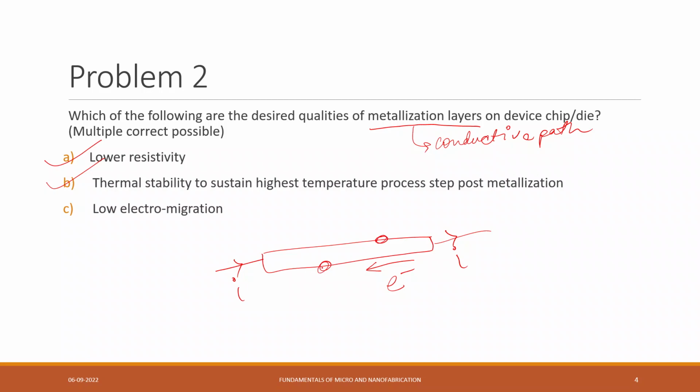Due to the movement of electrons, some of the metal constituents can migrate from one position and deposit here. So this place will be a void, and this place will have this material. Such behavior can also change the characteristics of our device.